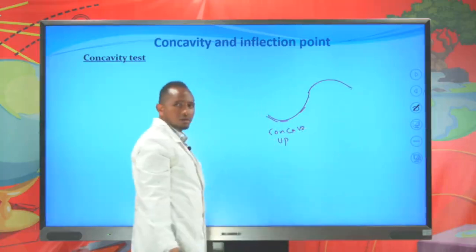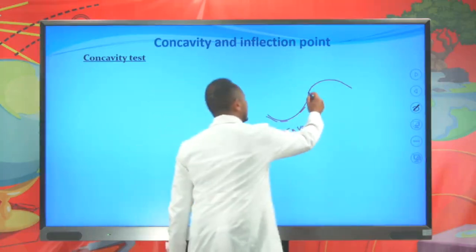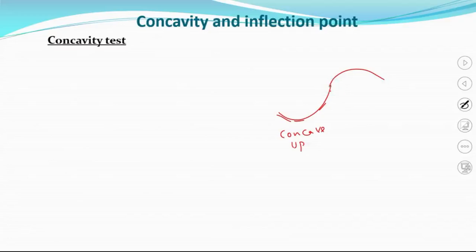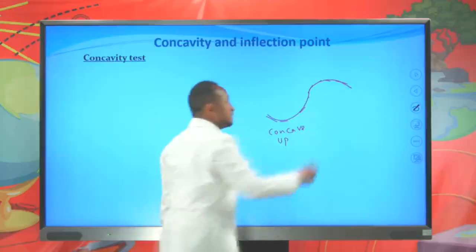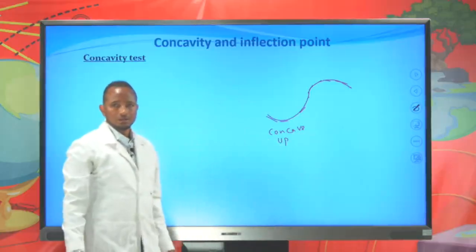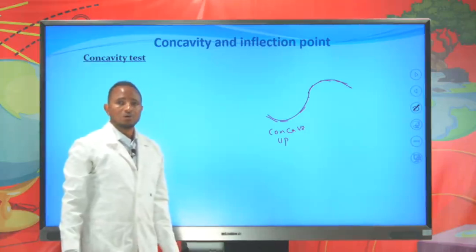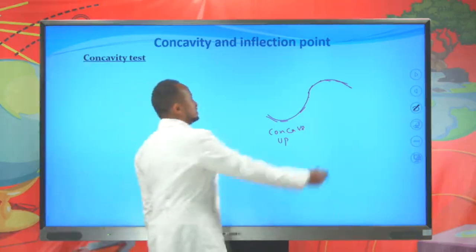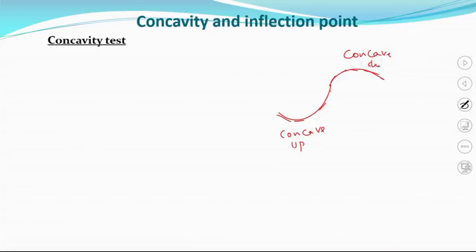If you take this one and draw a tangent line to it, the curve will always be below the tangent line. In this case, we call this concave downward.